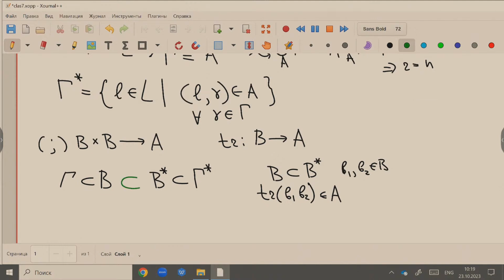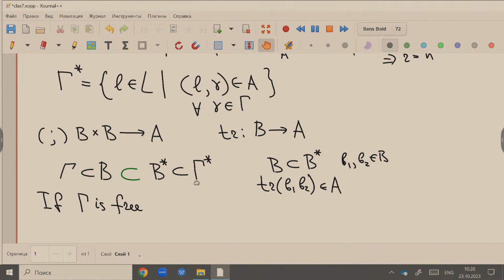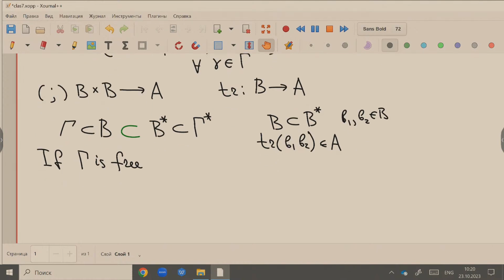And if you have a free module, so if gamma is free, the thing that we have proved in the previous class, a priori, without additional assumption on the ring A, this was just a remark about what happens when you consider modules over Z, or when A is a discrete valuation ring.